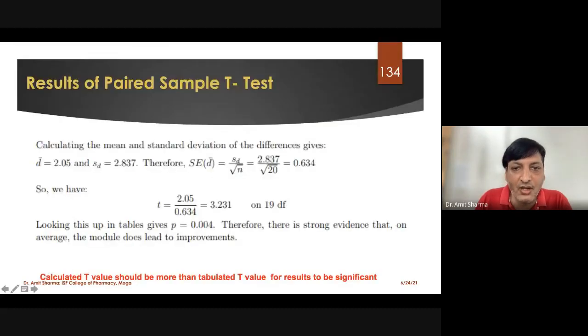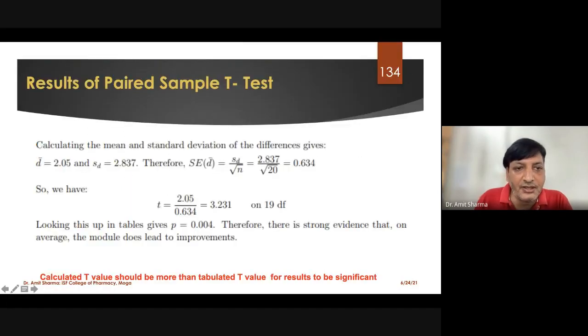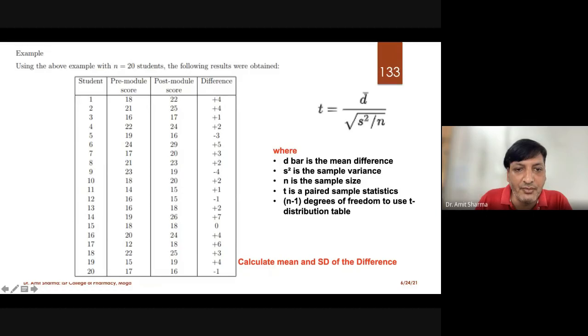And as for how this sample variance is calculated, I will let you know. You have to calculate the mean and the SD of the difference, and only then can you calculate the sample variance. As I told you, I think on day 4, we discussed how to calculate the variance.